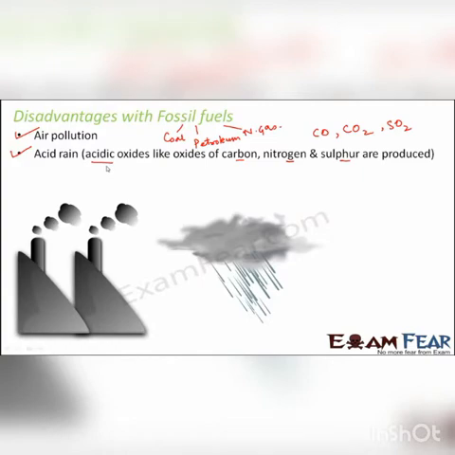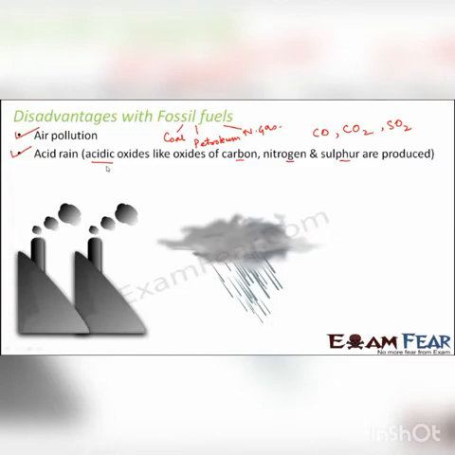These acidic oxides remain in the atmosphere, and when it rains, they mix with the water droplets and the rain becomes acid rain, because the rain also becomes acidic in nature. This acid rain has a lot of adverse effects on monuments. It causes blackening of the marbles. It also causes serious health issues in living organisms. It also adversely affects the growth and productivity of plants.